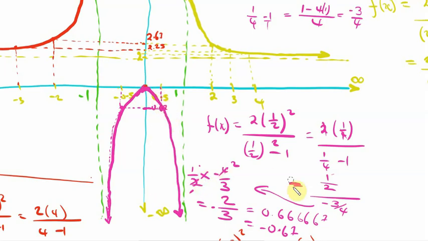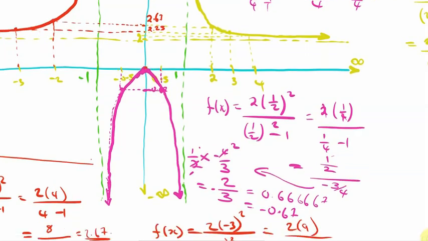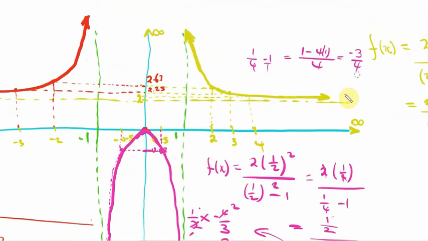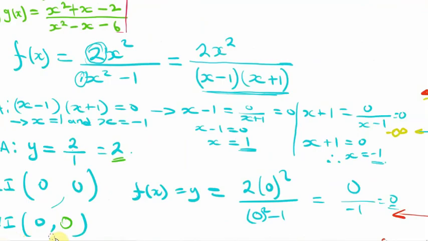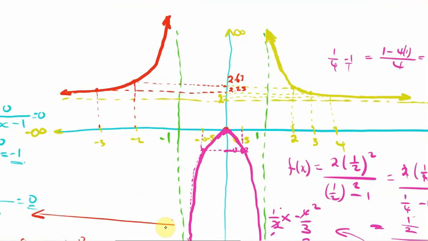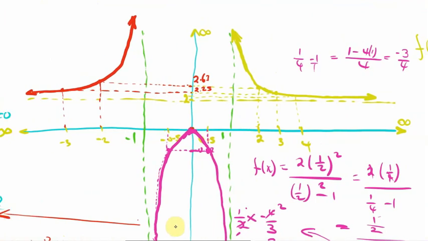Okay, so yeah, that's how the graph will look like. So this then would be the graph of f of x, well, the rational sketch of the function 2x squared over x squared minus 1.